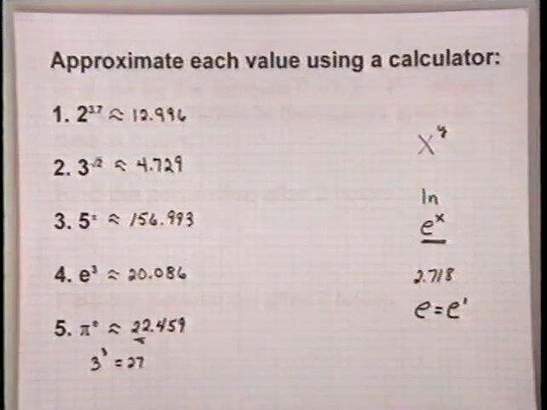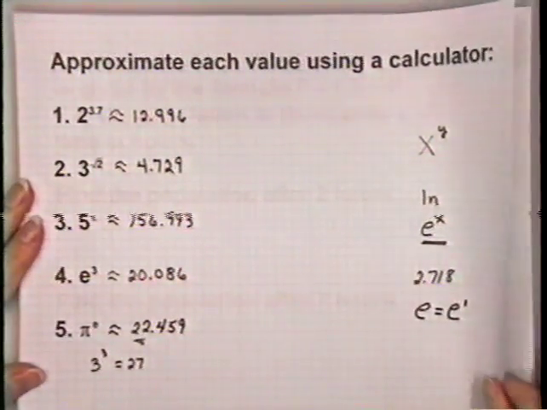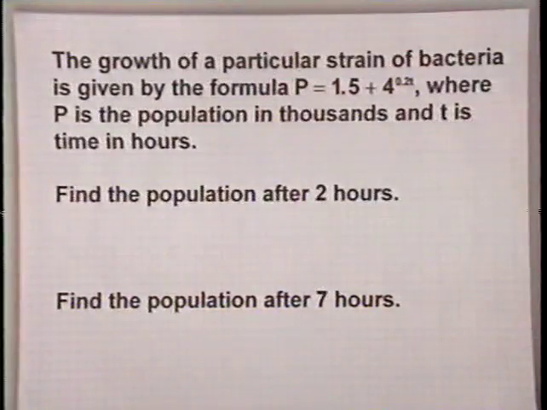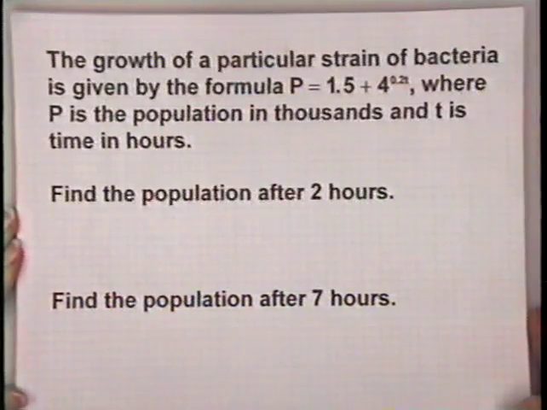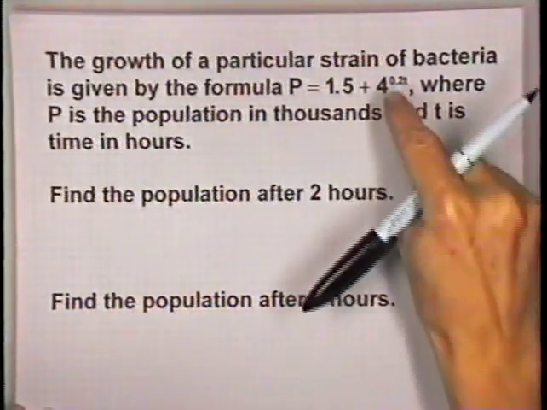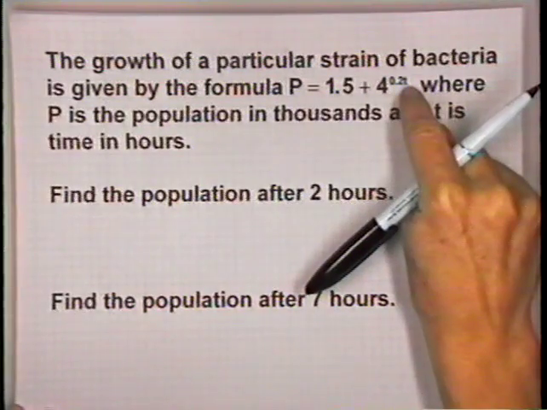Now that we have done these examples, I want us to look at sort of a word problem that involves an exponential type function. Let's look at this problem. The growth of a particular strain of bacteria is given by the formula p equals 1.5 plus 4 to the 0.2t.